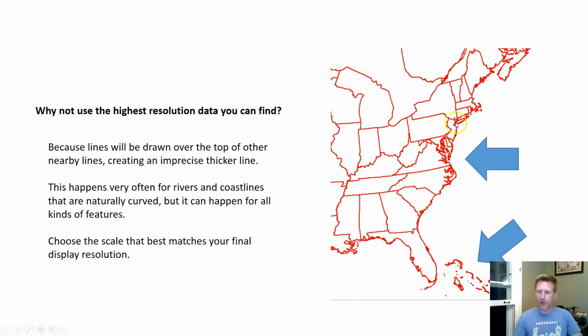You get this odd redrawing and effectively smearing of the coastline that's not particularly attractive. So you're not really getting the benefit of your high resolution data set. In fact, this probably looks worse. So this is a good argument for making an effort to get the resolution of data that's appropriate for the visualization that you want to show.